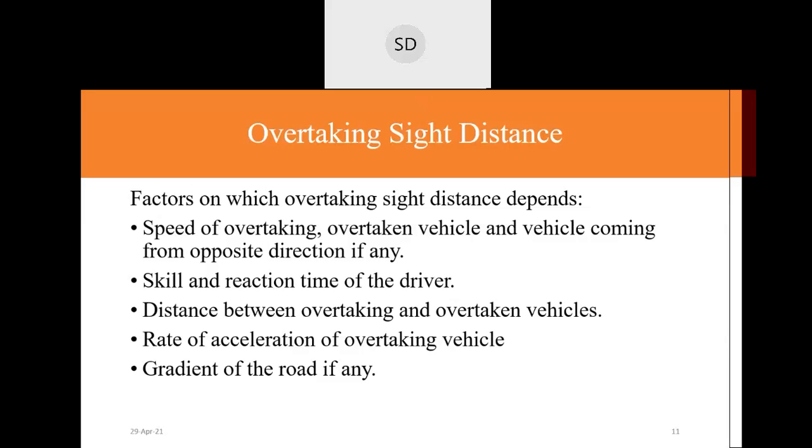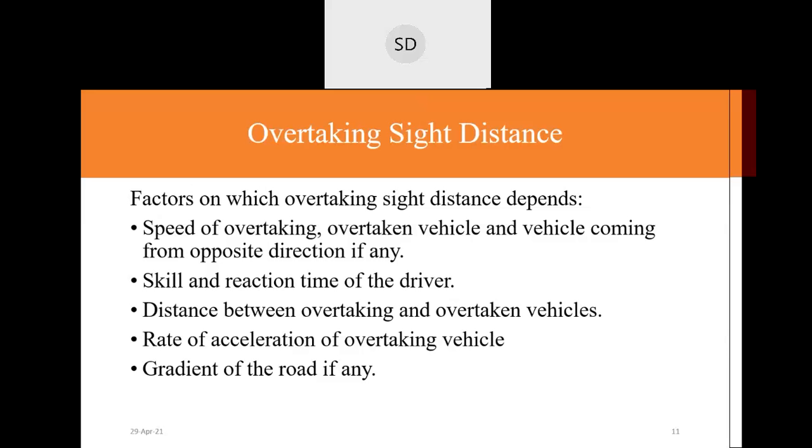So basically, in some cases, that overtaking sight distance is required. Why is it required? Because in our Indian condition, there are different types of vehicles moving over the road. There are slow moving vehicles, fast moving vehicles, etc. Now, if there are slow moving vehicles and no overtaking operation is permitted, a platoon of vehicles will form.